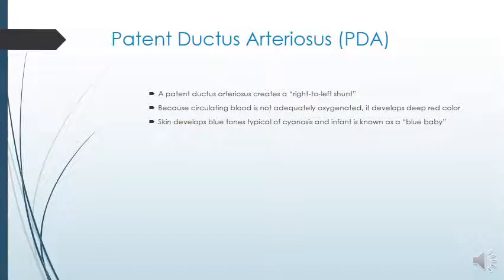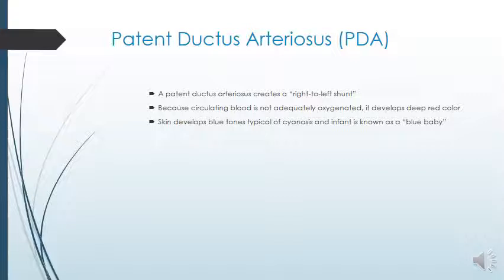So that is oxygenated blood. However, the other thing that can also happen is that some of the blood which is deoxygenated can go from the pulmonary artery back over to the aorta and it will not have been oxygenated. So the circulating blood is therefore not adequately oxygenated.